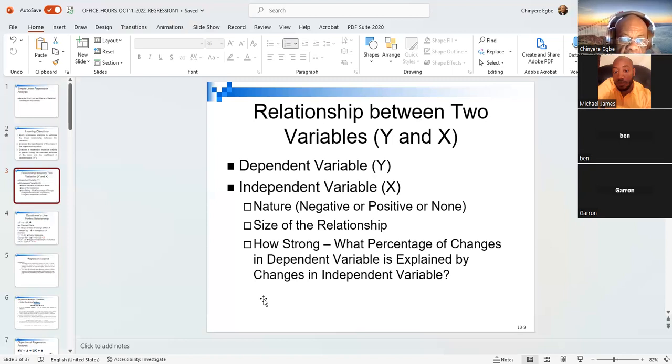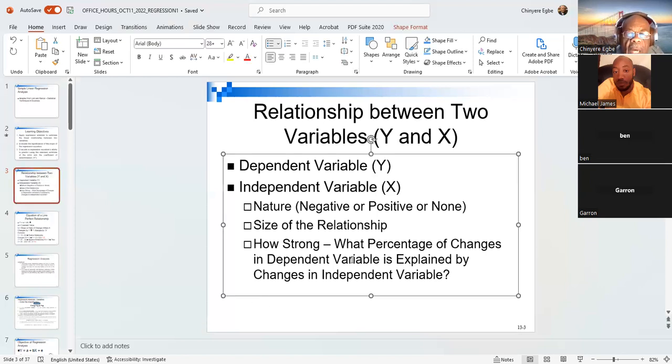And so for our level, we're going to just look at these three aspects: the nature, the size, and how strong. What percentage of changes? And this is what we call the coefficient of determination. This is what the coefficient of determination tells us.